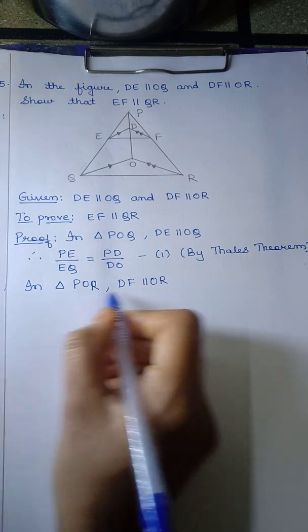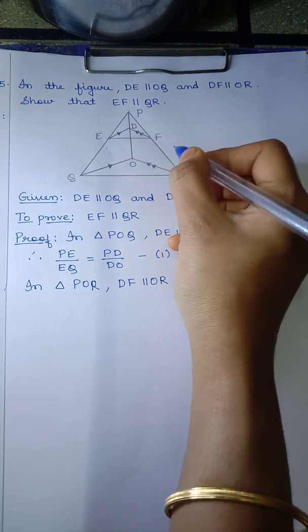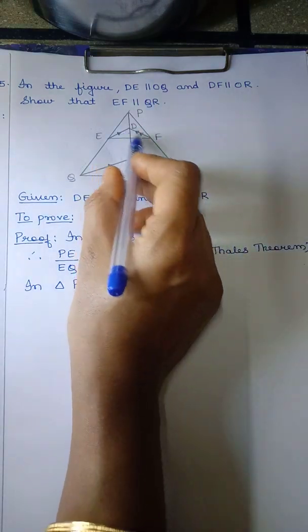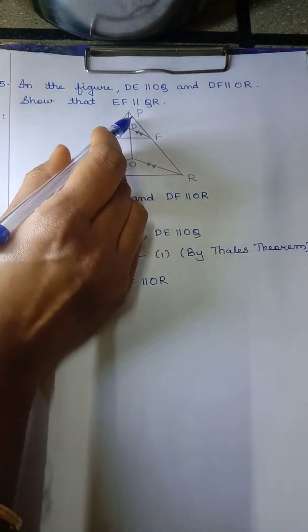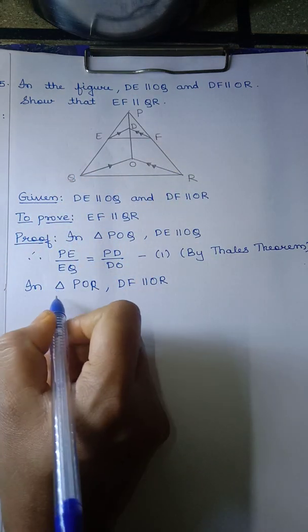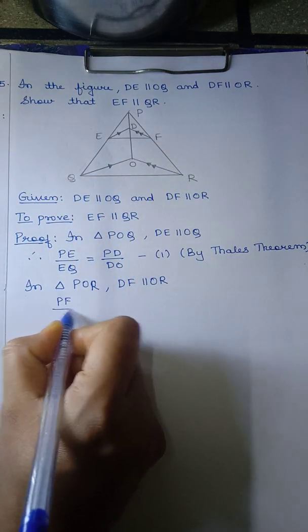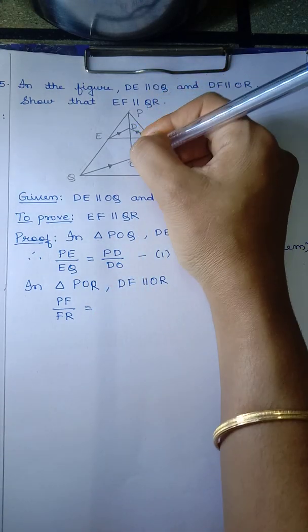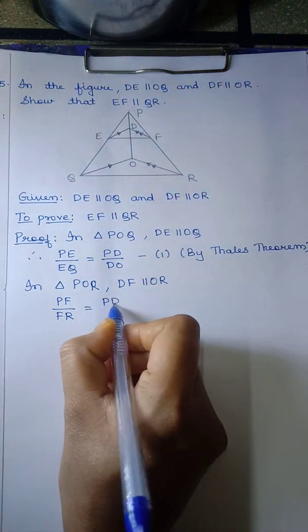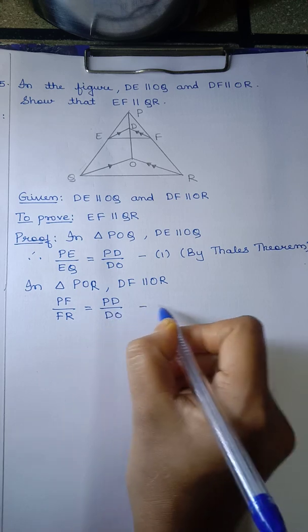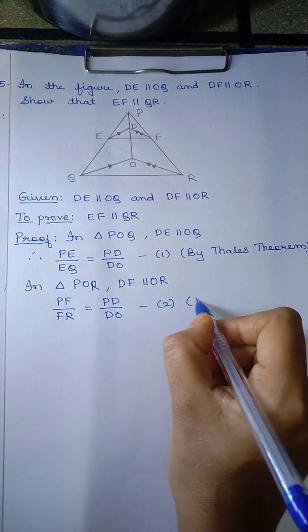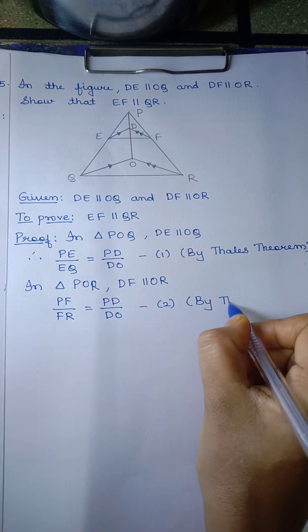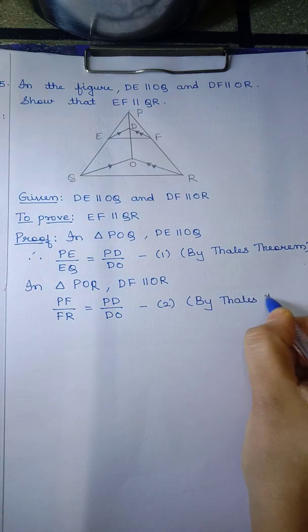Okay, so when DF is parallel to OR, I can write PF upon FR. PF upon FR is equals to PD upon DO. Okay, so this will be our second equation, and reason is by Thales theorem.